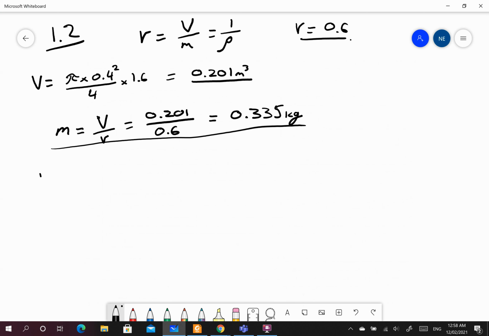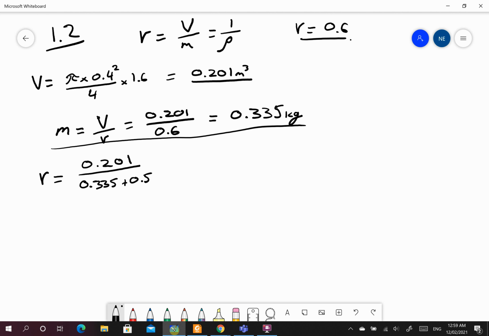So now the new specific volume, if I add in, so I'm adding in the 0.5. I had this before, I've got my mass, which is here, 0.335, plus 0.5.